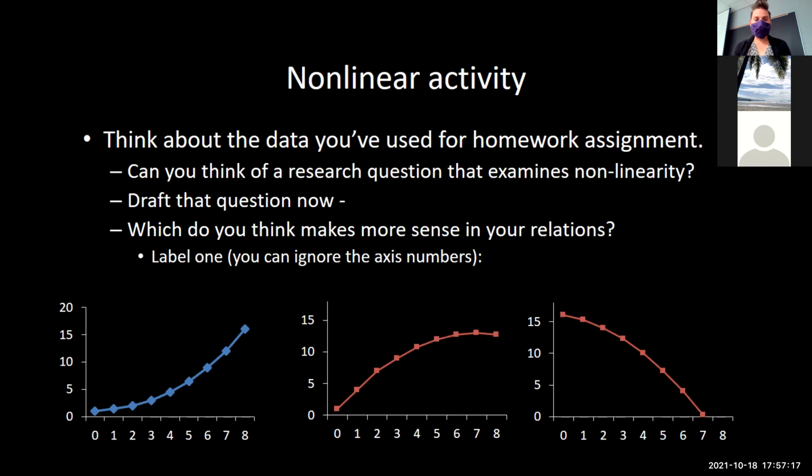And I'm going to give you about 5 minutes to think about a question right now that you think could make sense for your relations. Just like my idea of more beer is bad, but some beer is good. So you could think about it like, some stress is good, too much stress is bad.